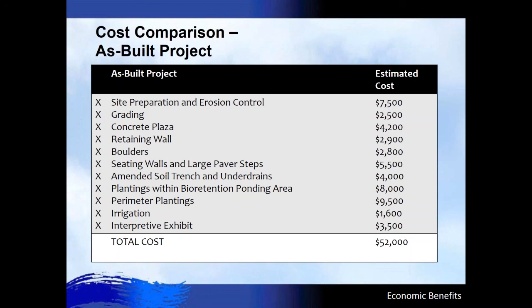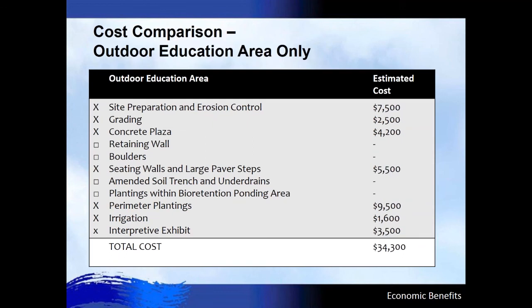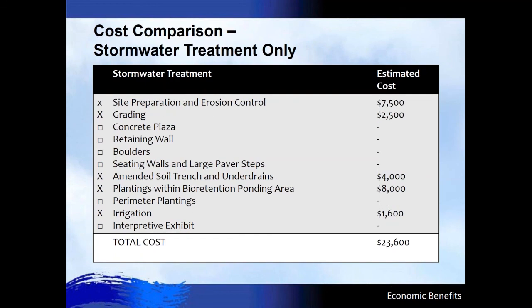It's not so important to see all the individual descriptions here, but just notice that the total cost was about $52,000. So if this was only an outdoor education area, it'd probably be just about $34,000 to build that as a single function landscape. As a stormwater treatment only, it would only have cost $24,000.